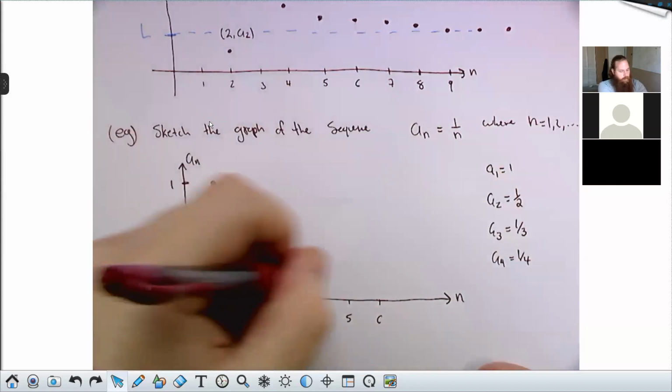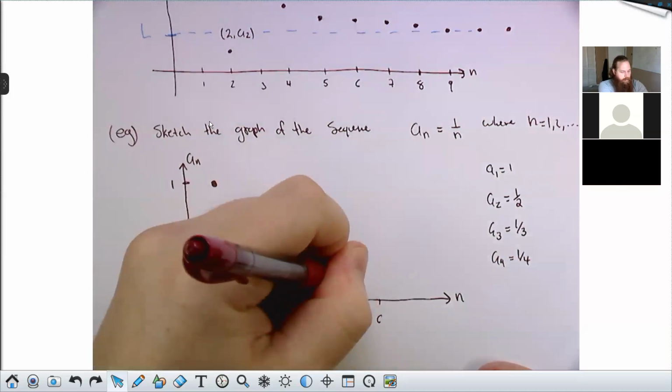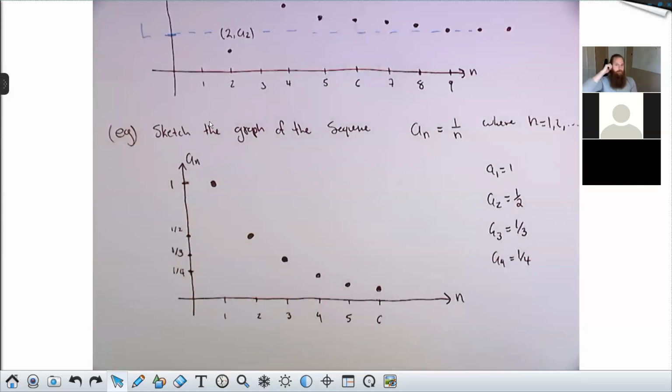So the point (4, 1/4) is on the graph. And then (5, 1/5), (6, 1/6), and so on. Any questions about how I drew this graph or why this is the graph of 1 over n?